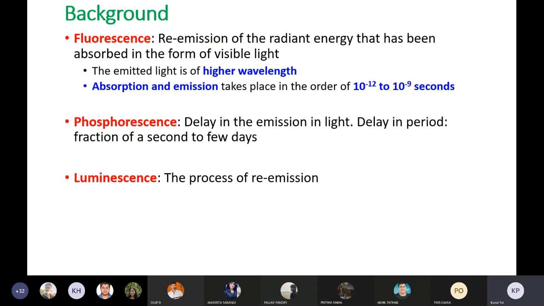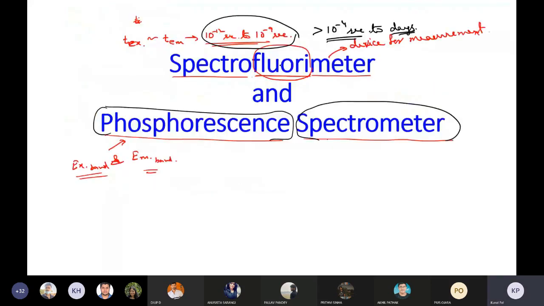Now, as I told you, what is fluorescence? It is nothing but re-emission of radiant energy that has been absorbed in the form of visible light. So both fluorescence and phosphorescence happen in the visible light spectrum.